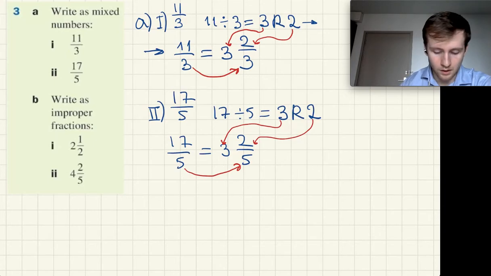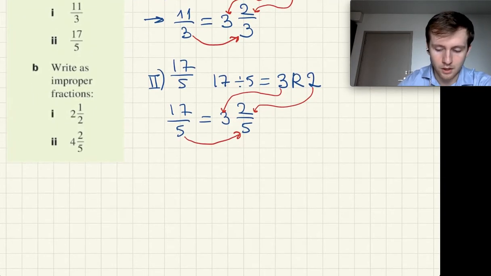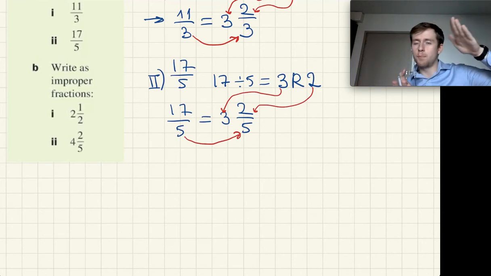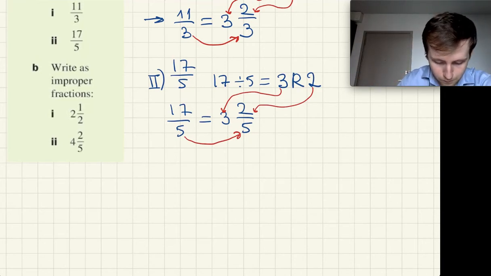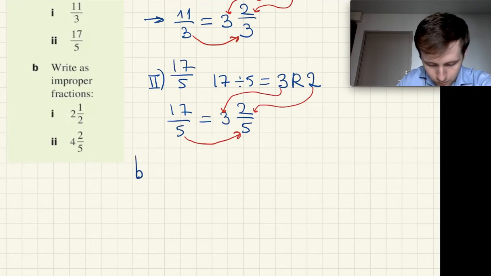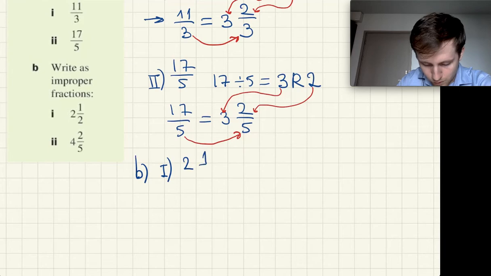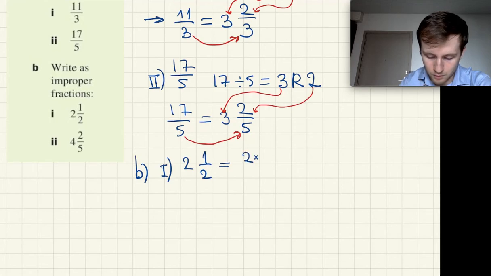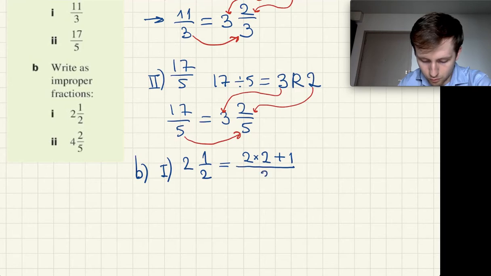Okay, next we have to write numbers as improper fractions. So basically we have to do the opposite action, and here we have 2 and 1 over 2, which is equal to, so the way to do this is we have to do 2 times 2 plus 1 divided by 2.